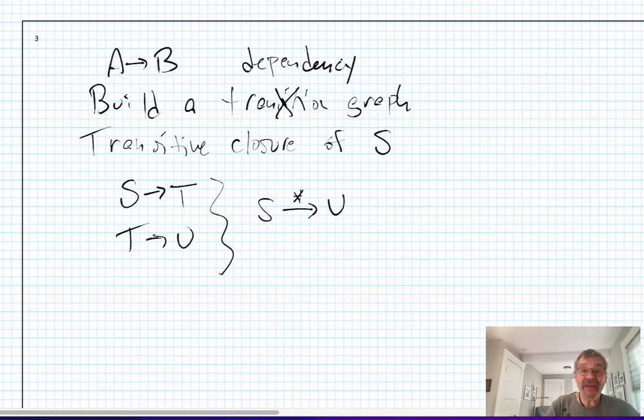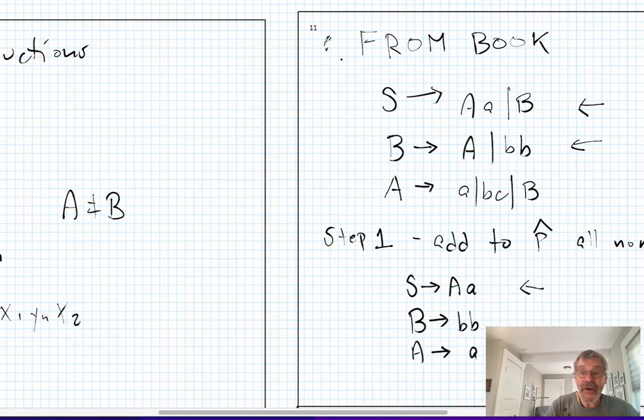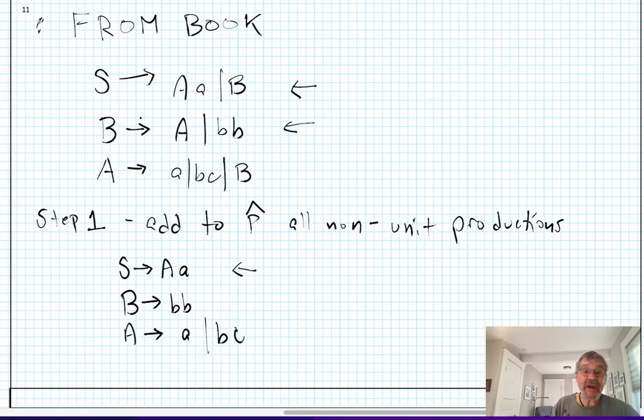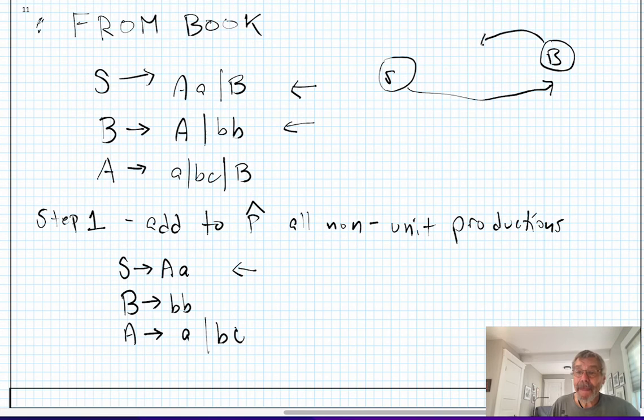Okay, and if I go back to the example of the grammar that we had before, if we look at the dependency graph over here, well, S can go to B, so I start over here at S, and S can go to B, and then B can go to A, and A can go to B. So what this means is that I can go from S to B, I can go from S to A in a finite number of steps.